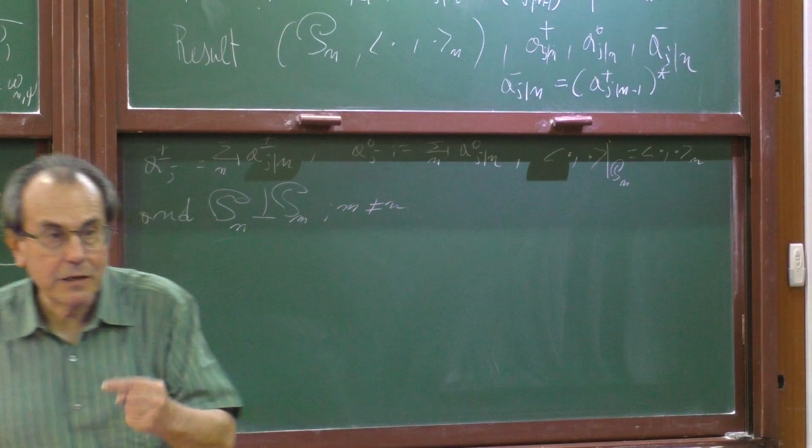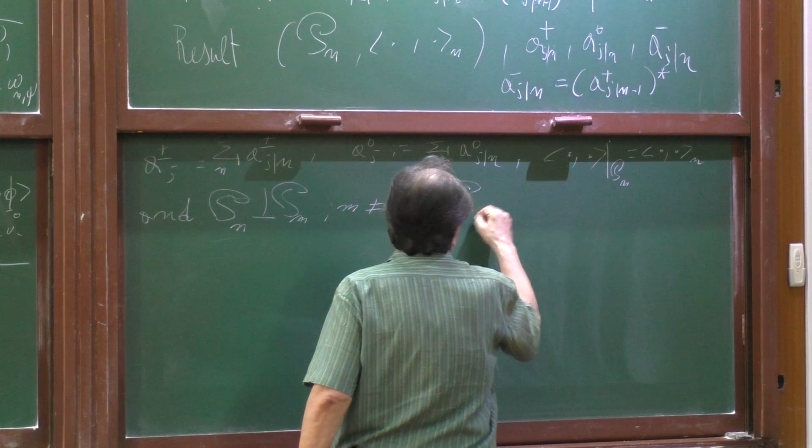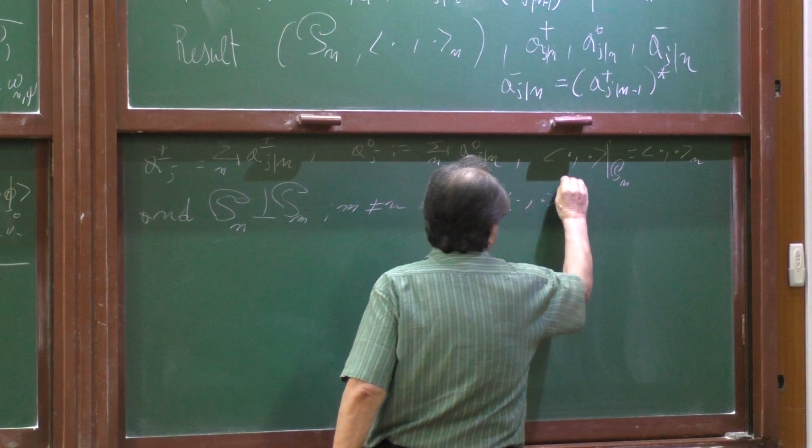This gives a unique scalar product on P. So P becomes a pre-Hilbert space.